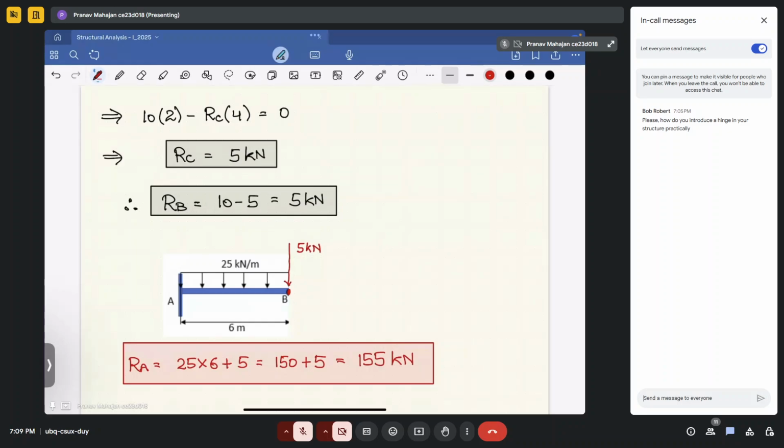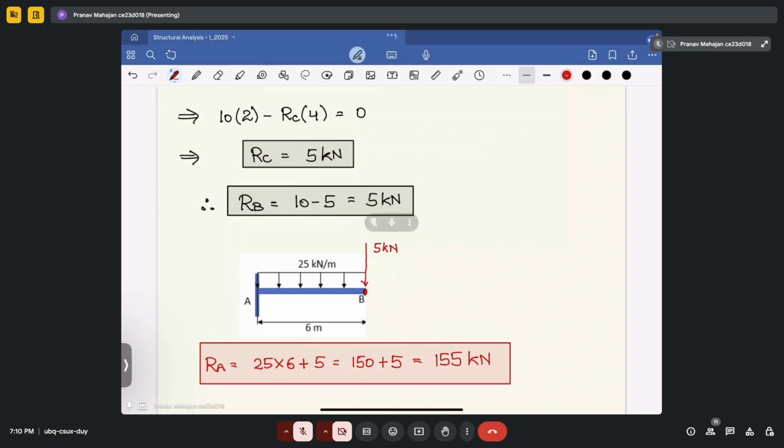If you have a suspension bridge in which you have multiple spans in between, in this case you will provide an internal hinge in between, so that the shear force at that particular section will be equal to 0, and bending moment will not exceed the maximum bending moment carrying capacity of that particular section. So that's how we'll introduce an internal hinge at a particular section.